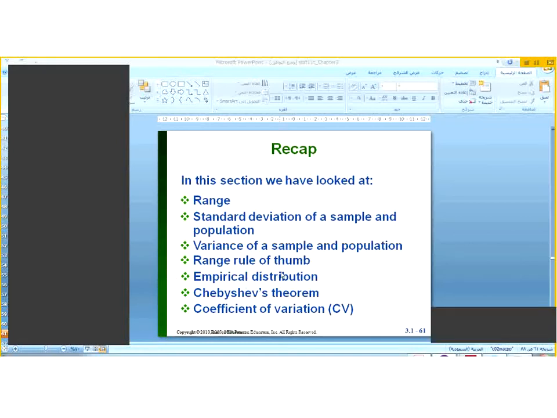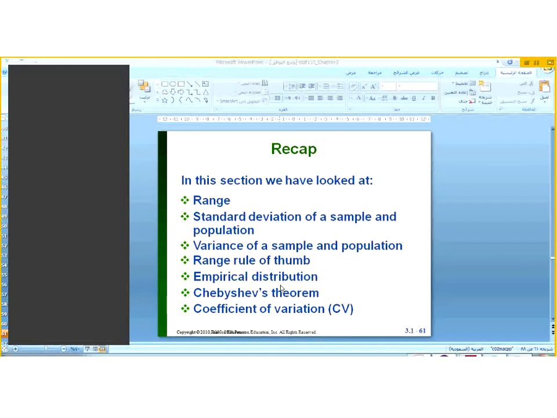Then we know the range rule of thumb, the empirical distribution, which covers 68%, 95%, and finally 99.7%. Then Chebyshev theorem, which uses k standard deviations to determine how much of the values will fall at least within it. And finally, the coefficient of variation.